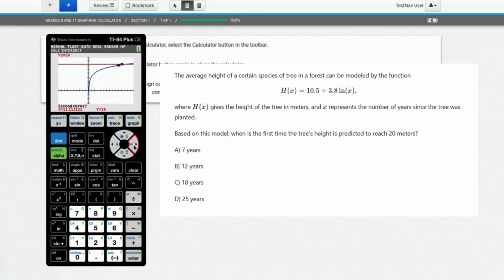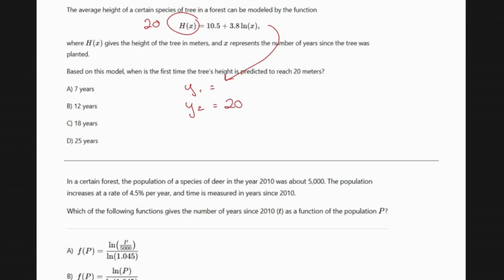Go just to the right of where they intersect, hit enter again, and the intersection is going to be 12 point something. Dealing with no decimals, we're looking at 12 years, or during the 12th year is when that happens. So let's go back and answer that. Like I said, 12 point something meant during the 12th year, and that'll do it for that.